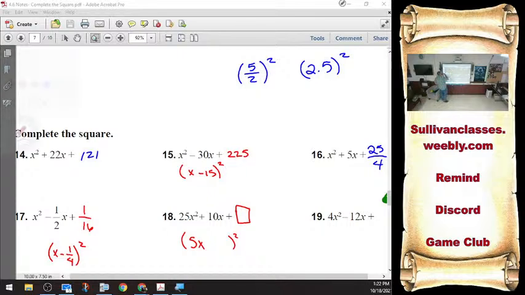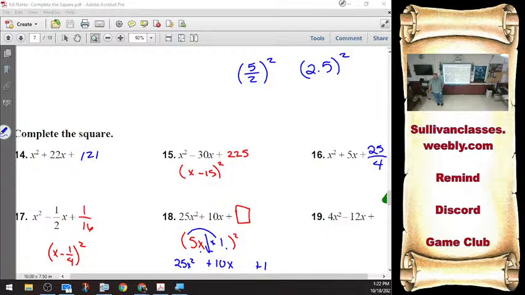The question is, what goes here to complete this square such that I still have a 10 in the middle? And that's where a little bit of guess and check might come in. So if I put a +1 here, that's square the first term, square the second term, multiply and double.